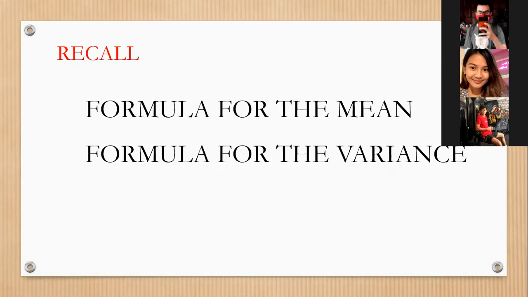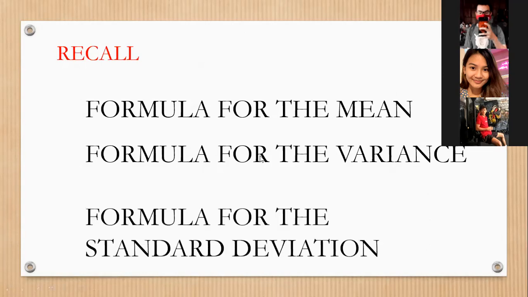Pero pagka sa sample, dyan sila nagkaiba, nagiging ang denominator niya is n minus 1. Yun yung kinorek ko yung naibigay ko sa PowerPoint last time. And then the standard deviation comes from the variance. But since this module pertains to finding the mean and the variance, we tried to recall the two formulas for that.